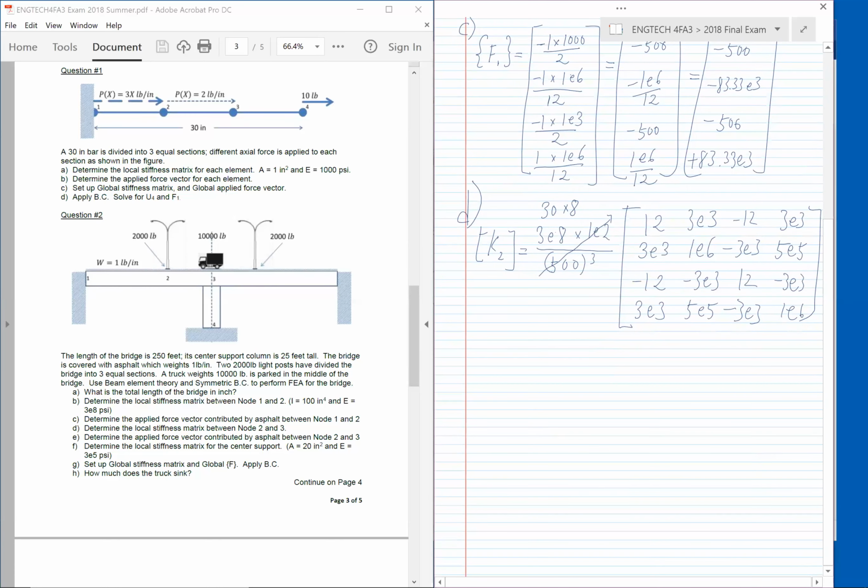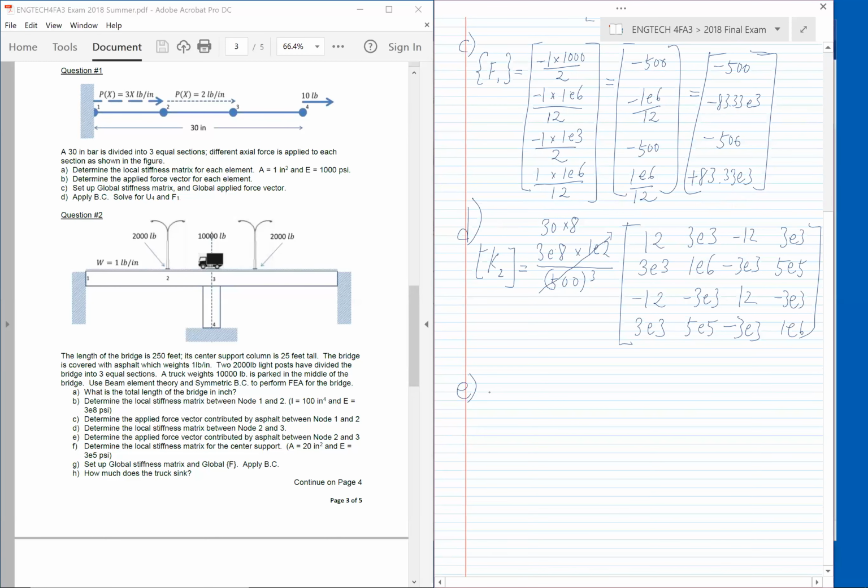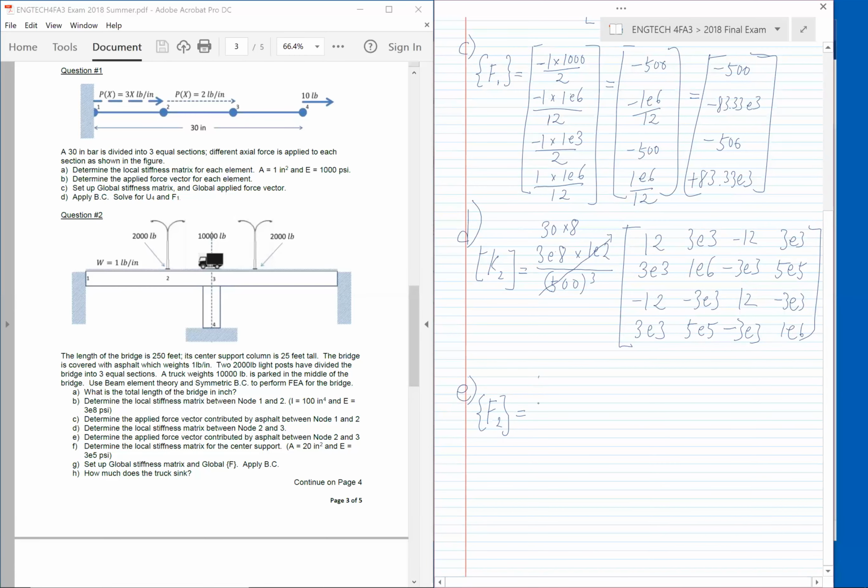Okay, now let's do the next part. Determine the applied force between nodes 2 and 3. We'll deal with F2 now. Negative 1 times 500 divided by 2.